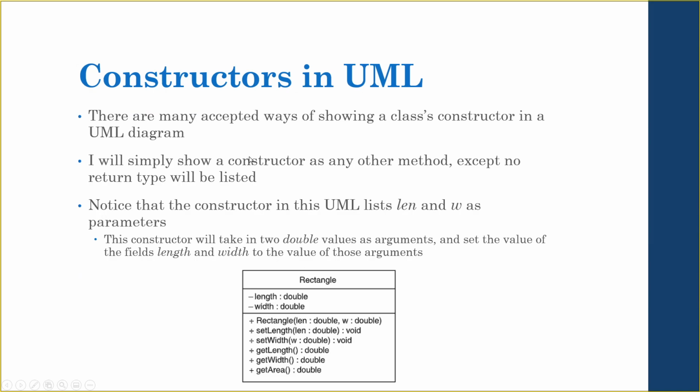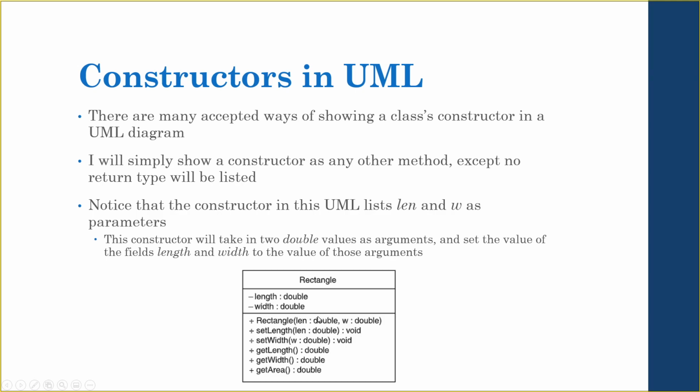And in UML, there are a lot of different ways people say you can show constructors. This is the way I do it. I just write it like any other method, but I don't put a return type at the end. So let's say I want a constructor that says, okay, whenever I create a new rectangle object, I'm going to pass in two numbers.